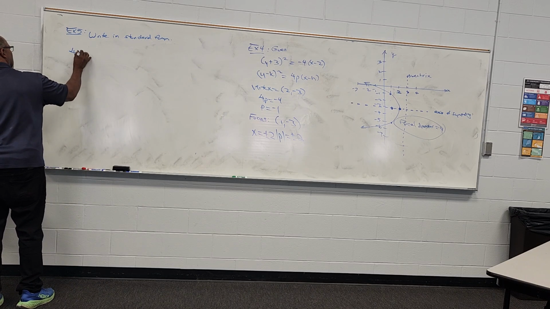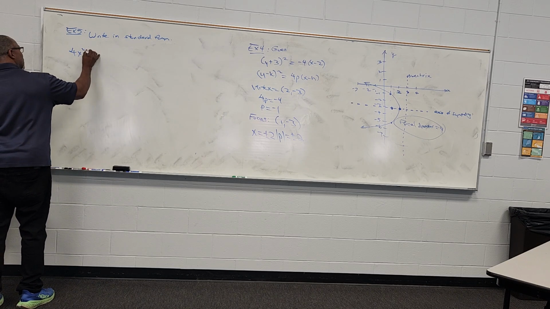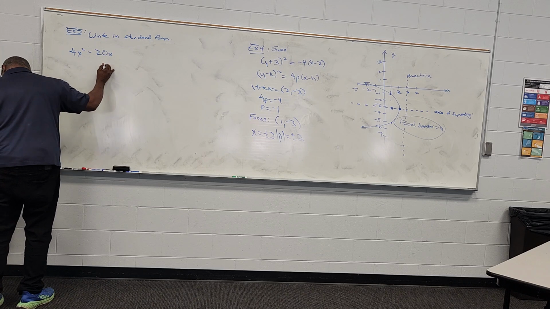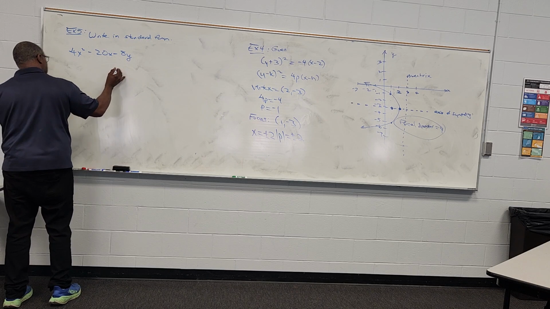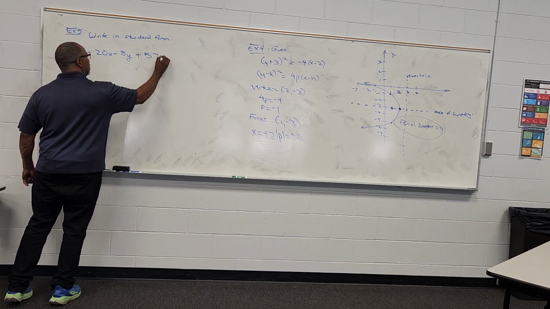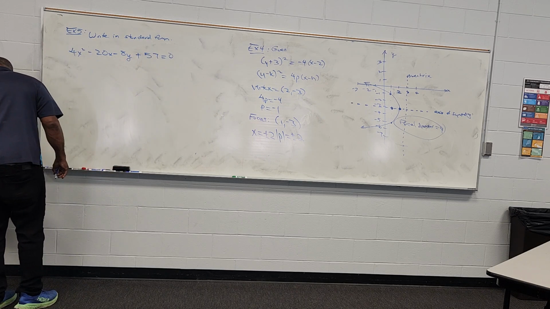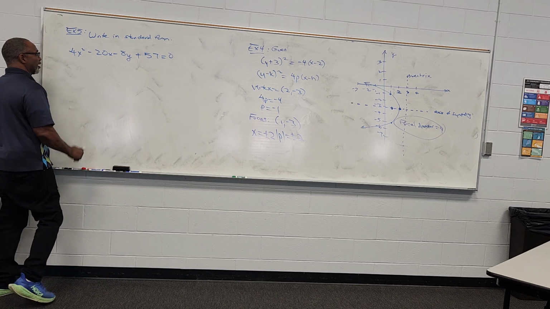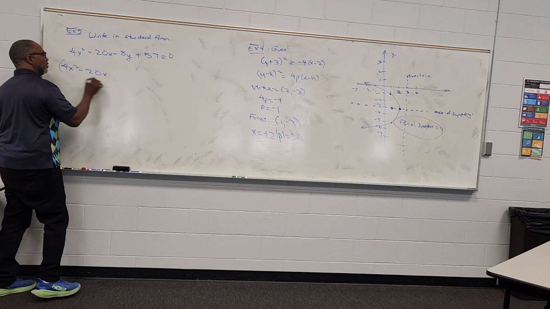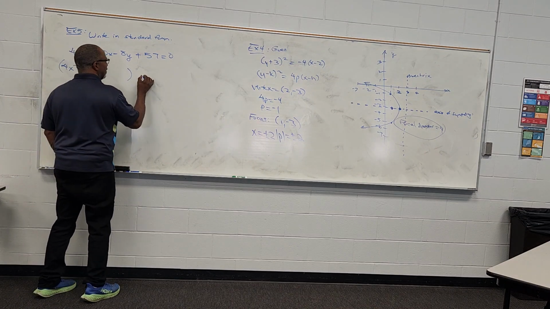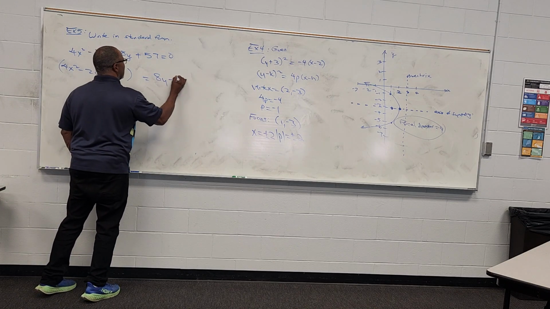So I've got 4x squared minus 20x minus 8y plus 57 equals 0. So I want to put it in standard form. So I've got to complete the square. So I group the x terms, all right? And then I take everything else to the other side.